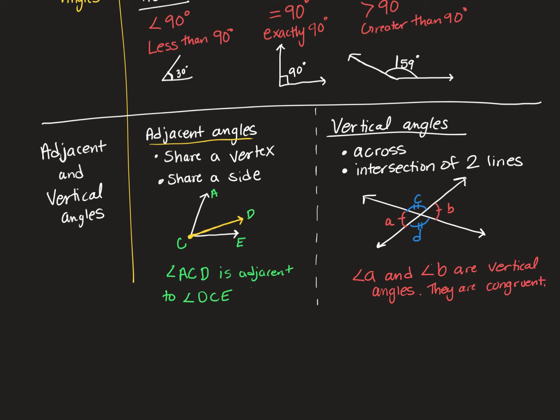So if I told you B is 40 degrees, that means that angle A is also 40 degrees. So angle A equals 40 degrees because angle B is 40 degrees.